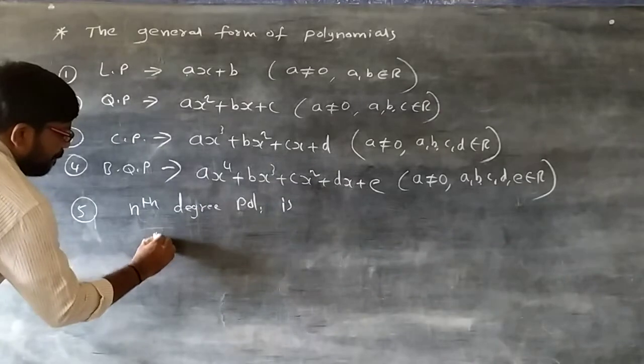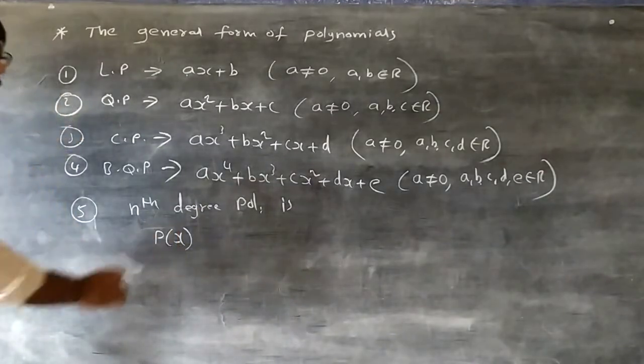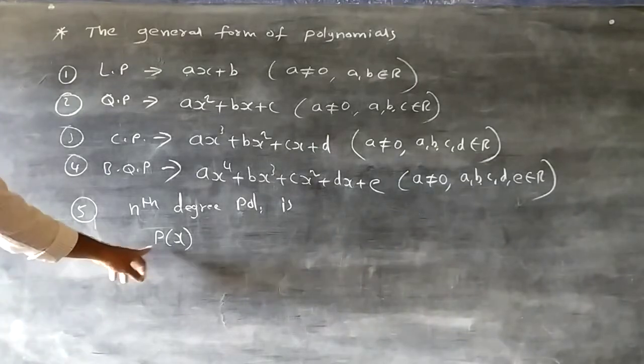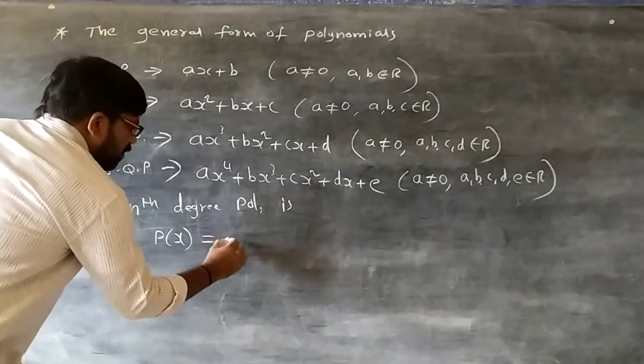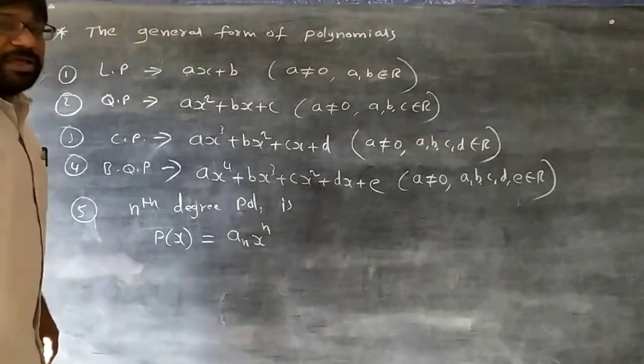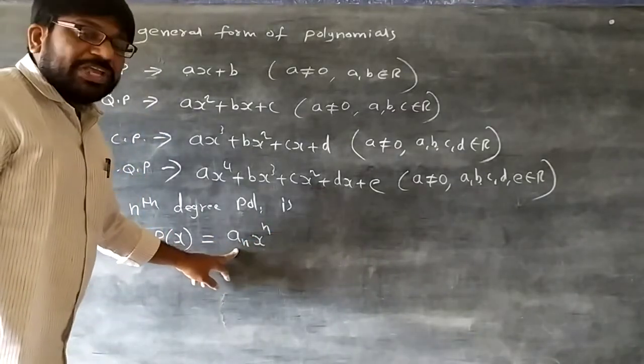Say, p of x. A polynomial in x is read as p of x. P of x, meaning polynomial in x, is equal to aₙxⁿ. Here aₙ is a real number which is not equal to 0.